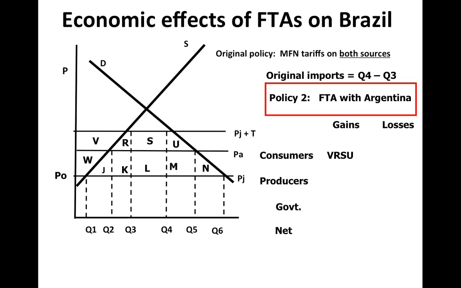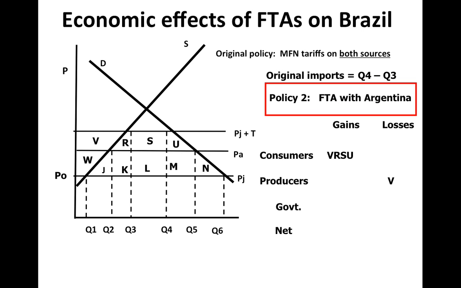And so what we have is that the benefits to Brazilian consumers is the area defined by the difference in the price over to the demand curve, VRSU. That's a good thing. And that is a part of the consumer surplus that could have been gained by overall liberalization. So if you look back at the previous slides, you can see that. So this is a partial gaining of the benefits from free trade.